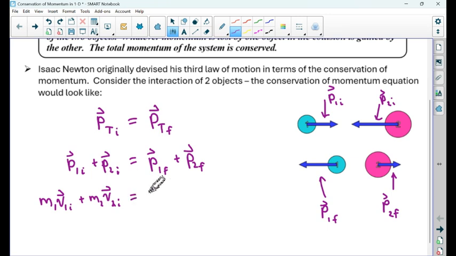That's going to equal the mass of object one times the velocity of object one, final, and the mass of object two times the velocity of object two, final. Now you could add more objects, right? We could do this with 3 objects, we could do this with 5 objects, doesn't matter. The total momentum of the system is conserved even when there are these interactions, these collisions, except if there's outside forces acting on things. So if there's no outside forces, momentum is conserved.